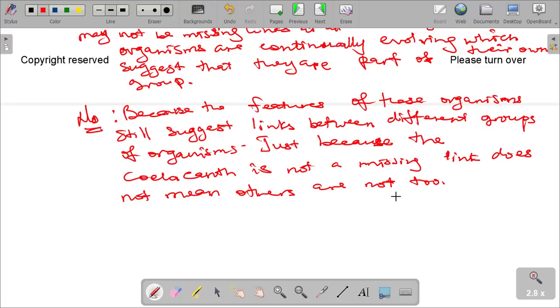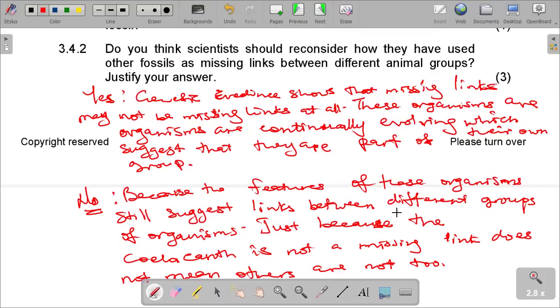Others can also be missing links. So with this reference, we can give different options of these scenarios, which is also based on the above, where we said yes, because genetic evidence shows that missing links may not be missing links at all, but the organisms are continually evolving, which suggests that they are part of their own group.